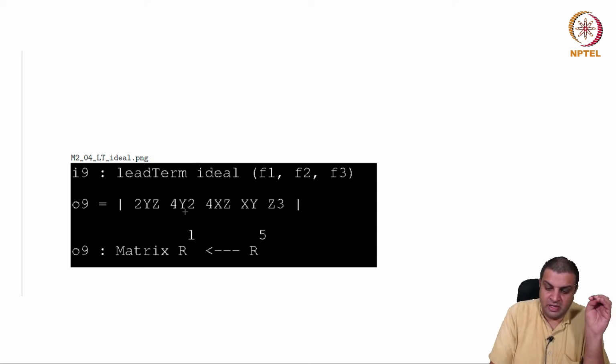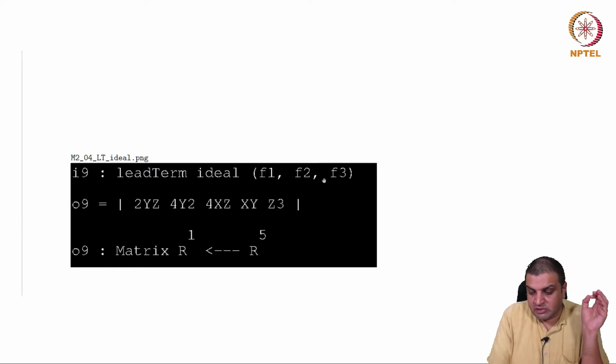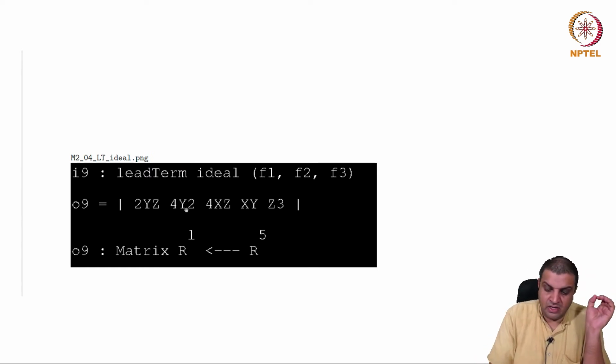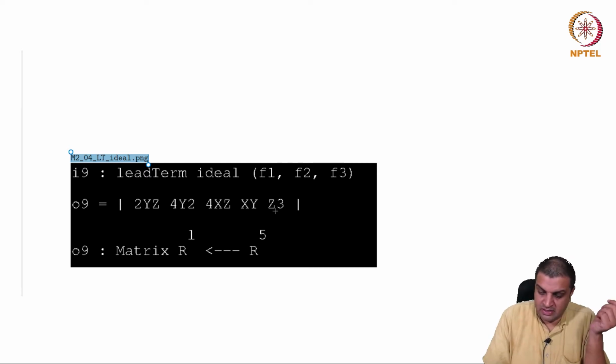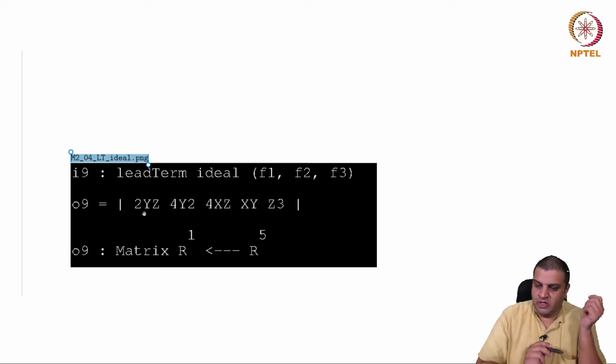There is a polynomial in this ideal whose leading term is y squared, which is not visible just by looking at the generators itself. So that is how this 4y squared came. Similarly, one can work more and see where the z cubed came in and the yz came in.